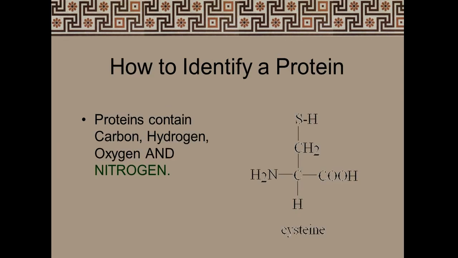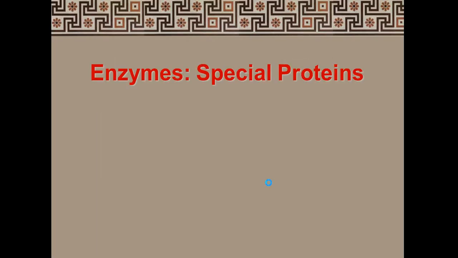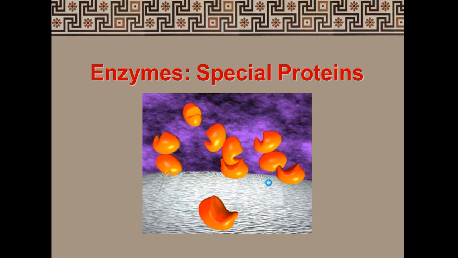How to identify proteins. Proteins contain carbon, hydrogen, and nitrogen, okay? So we've got something new there. Here we have nitrogen. Enzymes, and like I said, there's a special protein out there called an enzyme.